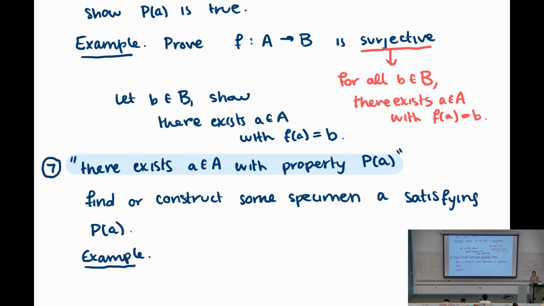So what we would need to do is find the little a such that f of a is equal to b. And sometimes you appeal to a theorem or an assumption that there exists something.